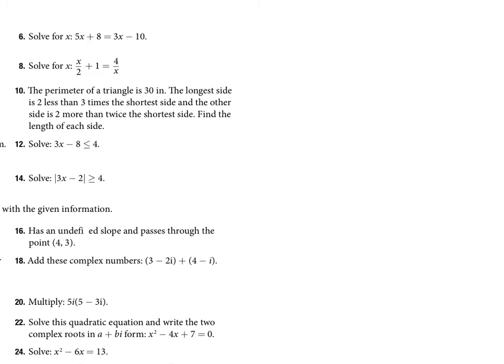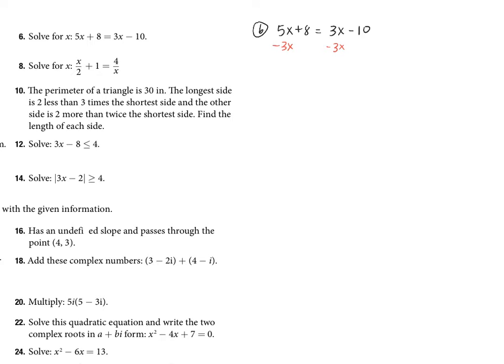Okay, so on the even side, we've done 2 and 4, so now we're going to do number 6. Number 6, solve for x. So we've got 5x plus 8 is equal to 3x minus 10. This one, we're going to subtract 3x from both sides because we have a linear equation.